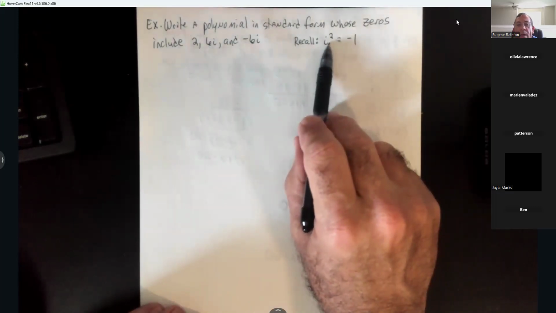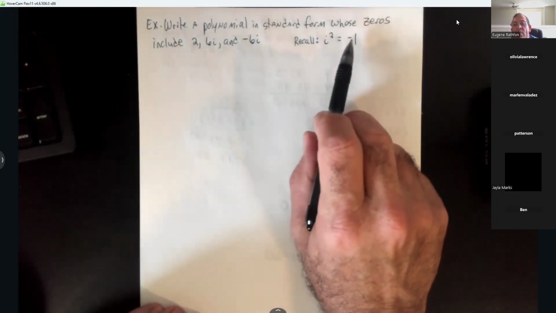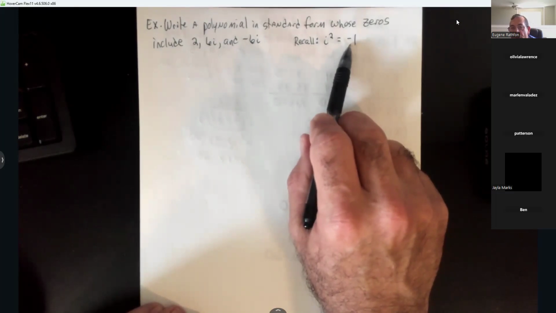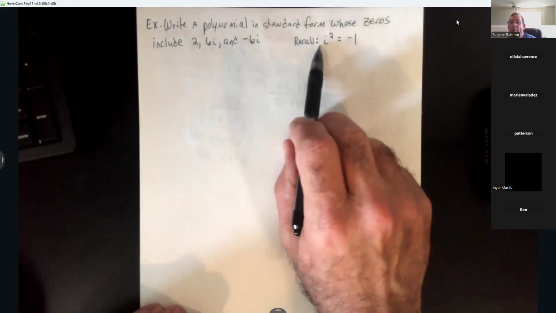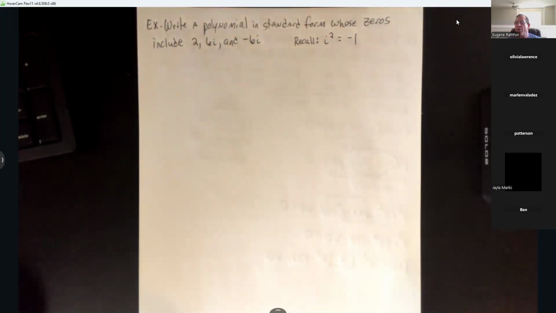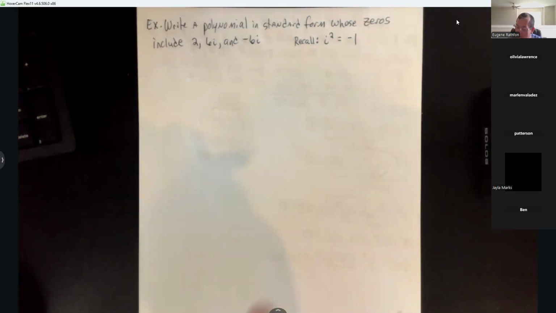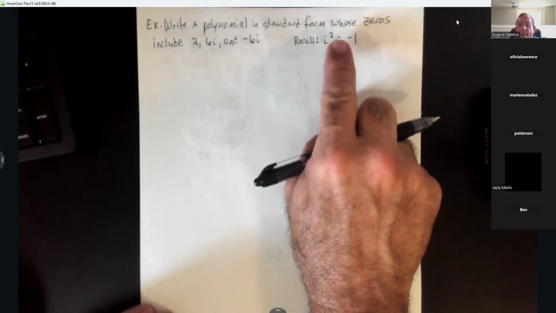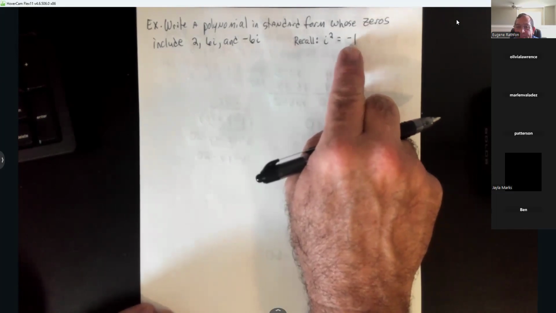Anytime you get an i squared, we will replace it with a -1, okay? Because remember, i is the square root of -1. So a square root of -1 times the square root of -1, we get a -1. So just remember this.